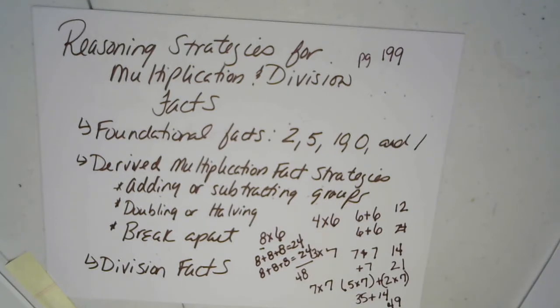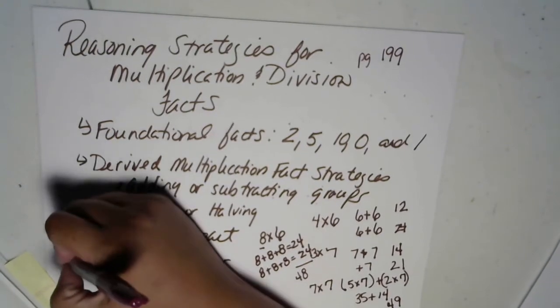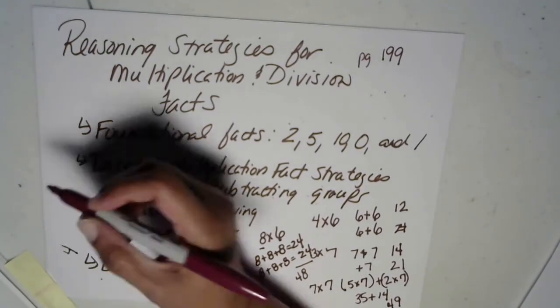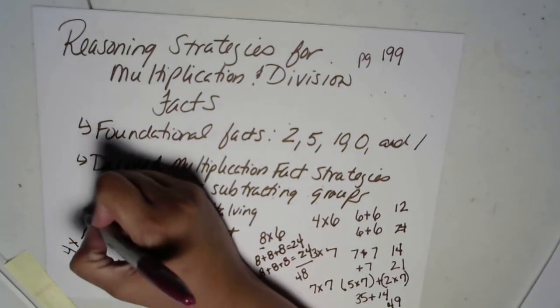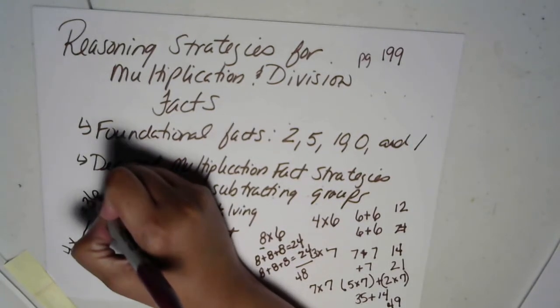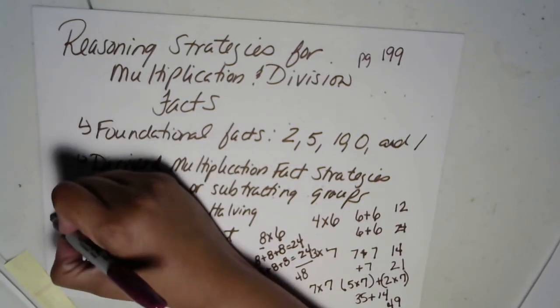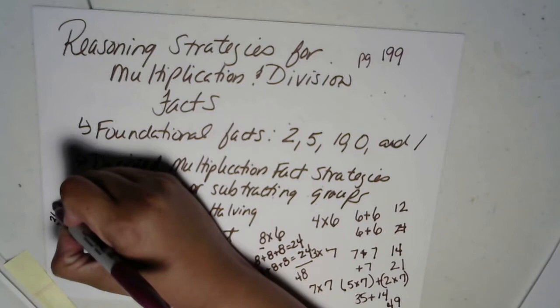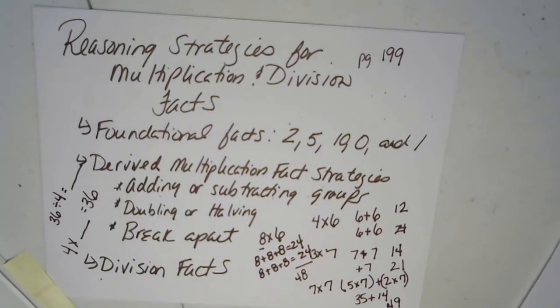Notice this story can be represented as 4 times something equals 36, missing factor, or it can be looked at as 36 divided by 4 equals what? A division problem.